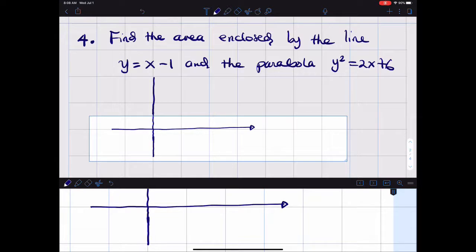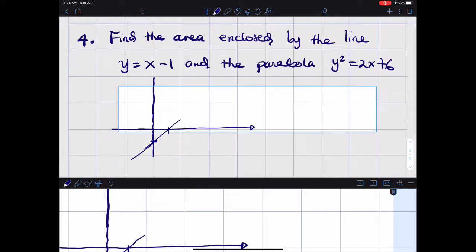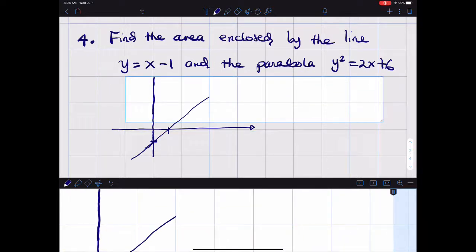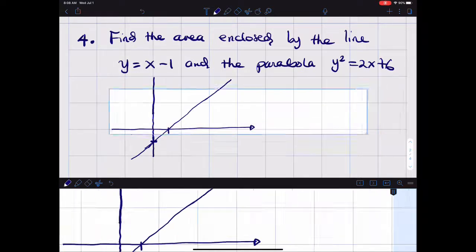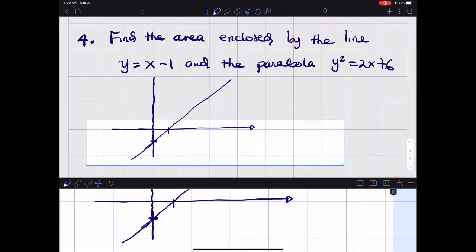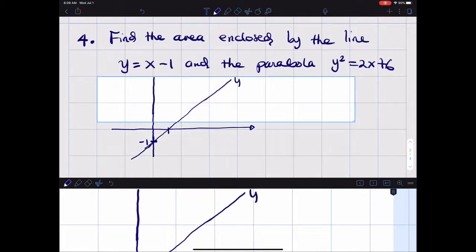No, it doesn't pass through the x-axis. It passes through x equals -1. All right. I should be careful what I say. All right. So we have this straight line. Its slope is 1, passes through -1, right? Positive slope. So this is y equals x minus 1.